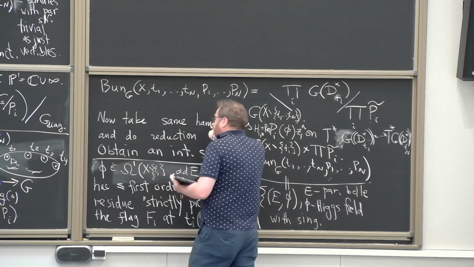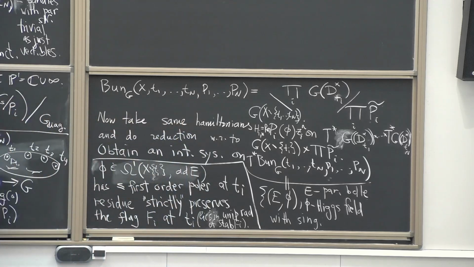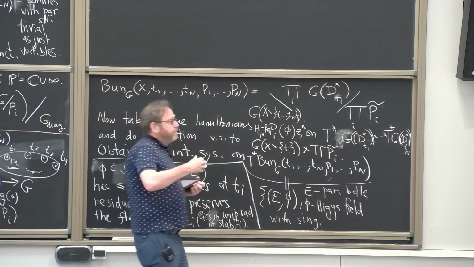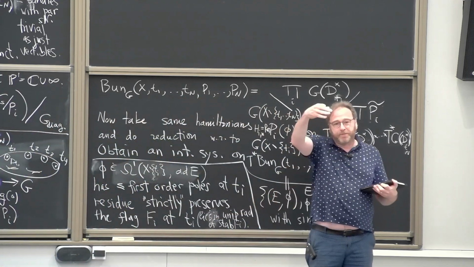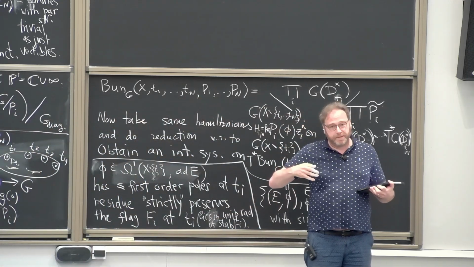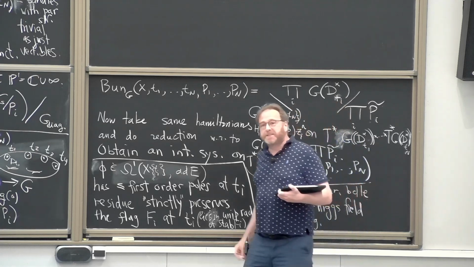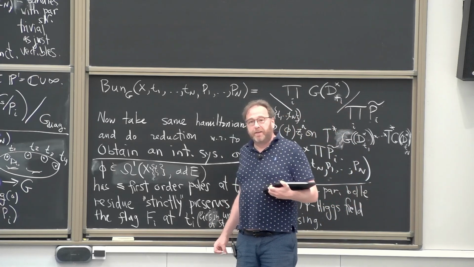So in particular, for usual flags or partial flags for GLN, the flag is a filtration on our space, and strictly preserved means that it maps the i-th space of the filtration into the (i minus 1)-th space. So it acts by 0 on the associated graded.